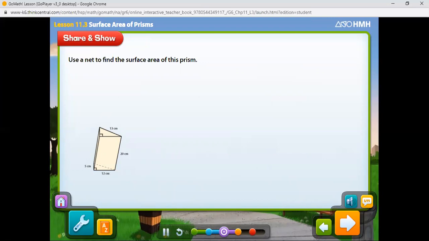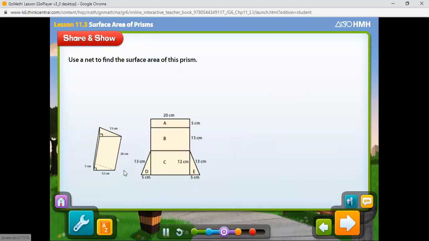Can you draw a net for this solid figure? The figure is a triangular prism. The net shows each face of the prism. Triangular prisms include rectangular faces and triangular bases. What formula do you use to find the area of a rectangular face?